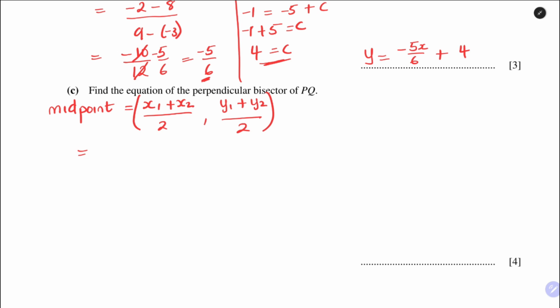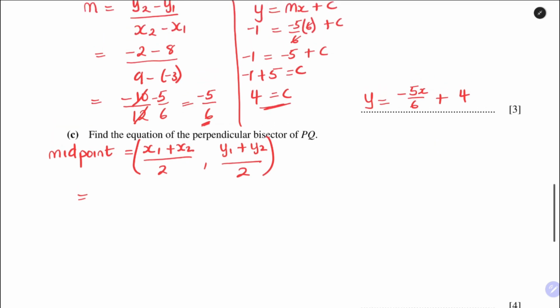All right, so substituting our values, our x1 is minus 3, our x2 is 9, divided by 2, comma, our y1 is 8, and y2 is minus 2, over 2.